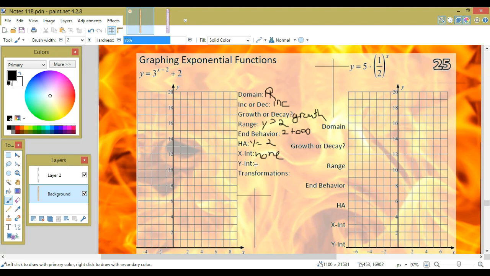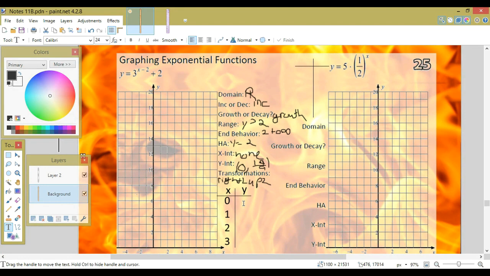The y-intercept, if you plug in 0 for x, you get y is about 1/9 plus 2. So like 19/9. Transformations, it goes right 2 and up 2.